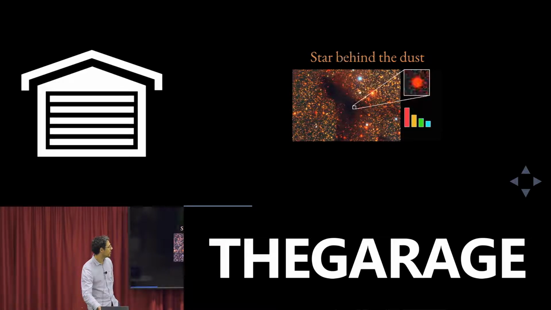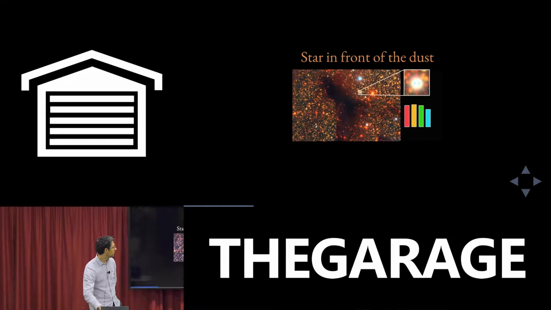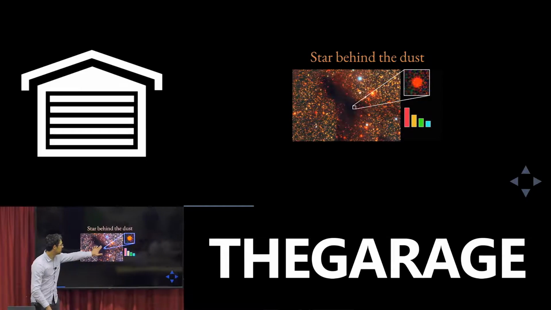So the brightness of the star is being decreased at every wavelength, but most at the short wavelengths. Blue is shorter wavelength than red. So at the short wavelengths, almost all the light's being taken away. And eventually, once you get down into this cloud, basically 100% of the light is being taken away in all the filters that we can see with the human eye. And if you go farther into the infrared, it becomes more and more transparent.